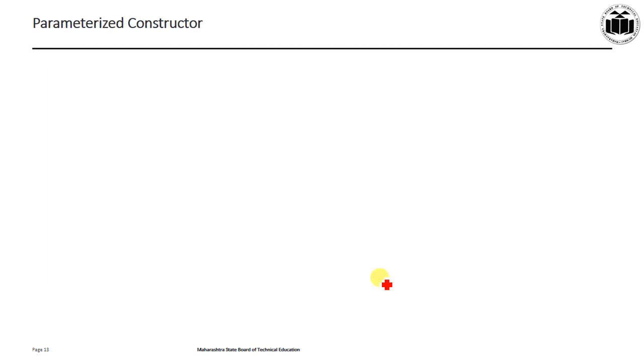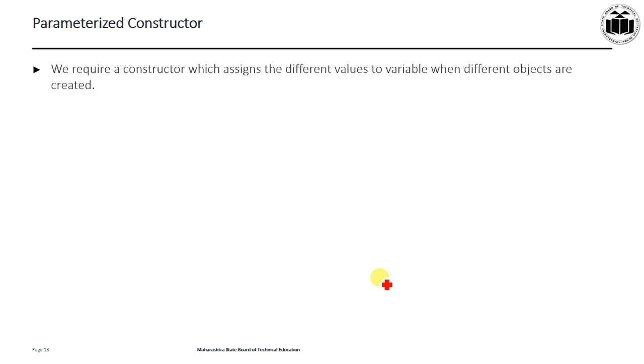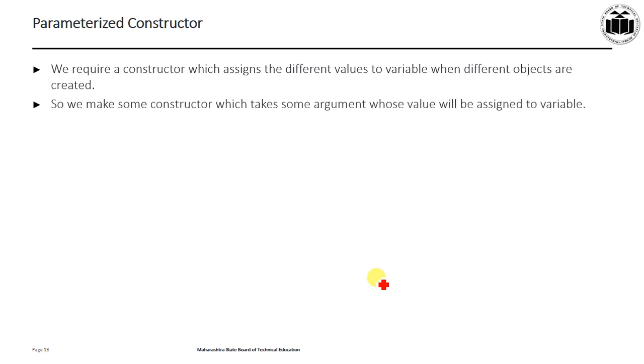Now next topic is parameterized constructor. We require a constructor which assigns different values to variables when different objects are created. So we make some constructor which takes some arguments whose value will be assigned to variables. Constructors which have arguments are known as parameterized constructors.